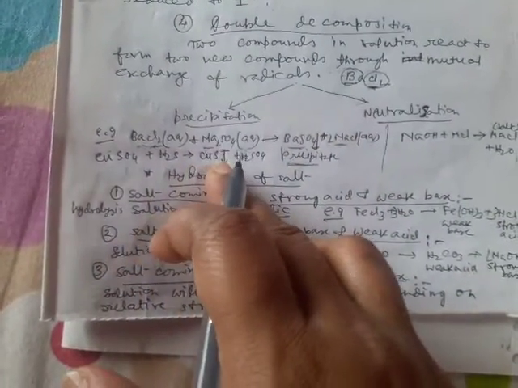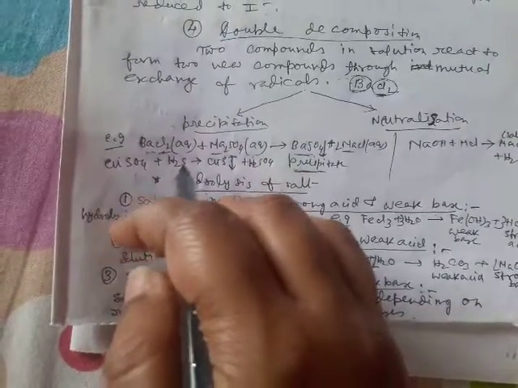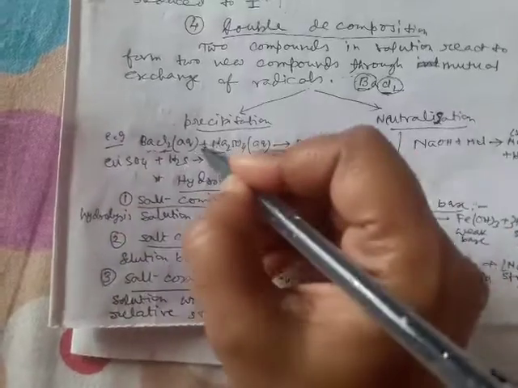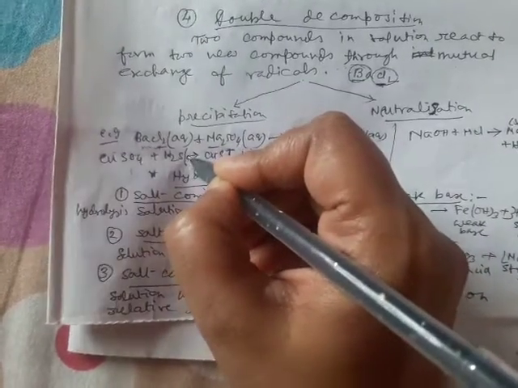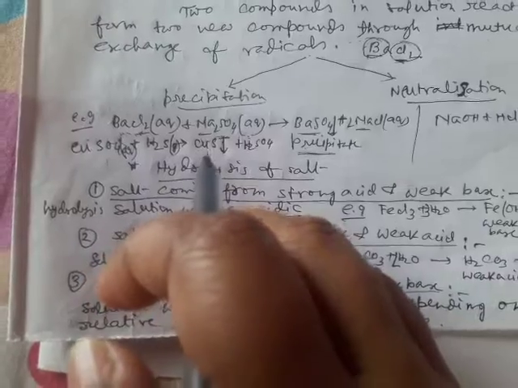This is also one type of precipitation reaction. Here copper sulfate remains in aqueous solution and H2S gas is passed through the solution. Then there will be formation of copper sulfide, a black precipitate, and sulfuric acid.